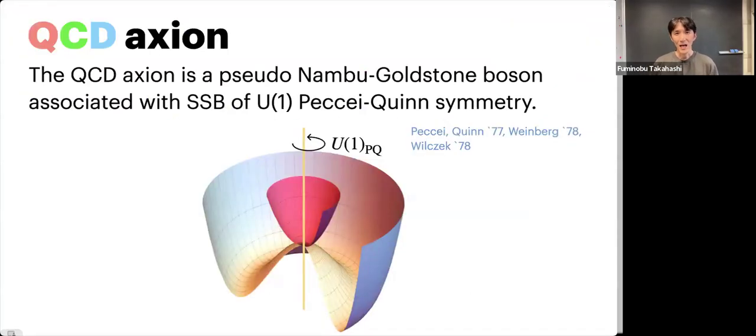Okay, so as everybody knows, the QCD axion is a pseudo-Nambu-Goldstone boson that appears when PQ symmetry gets spontaneously broken. For instance, in the case of a single PQ scalar model with Mexican hat-type potential, at very high temperatures the potential looks like this, and the origin is stabilized, and the PQ symmetry is restored.